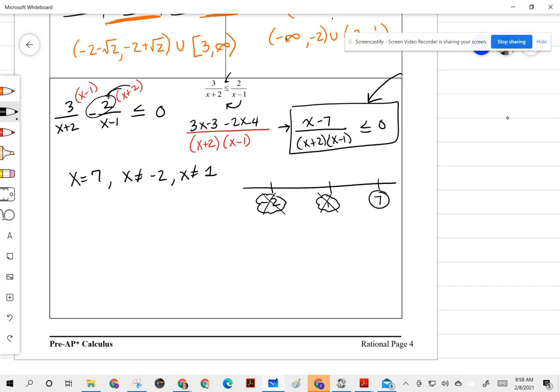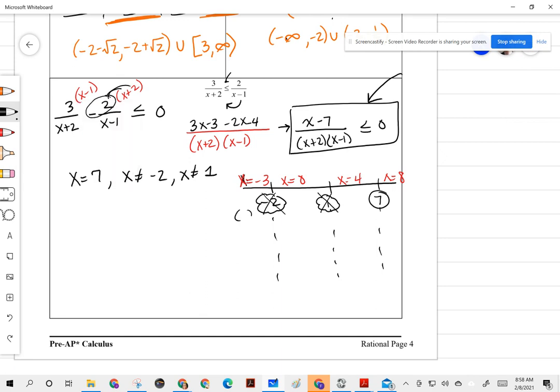So from here, I'm going to say maybe x is equal to -3, maybe x is equal to 0, and then x is equal to 4, and then x is equal to 8. And so I'm going to draw my lines here. And then let's do our signs.